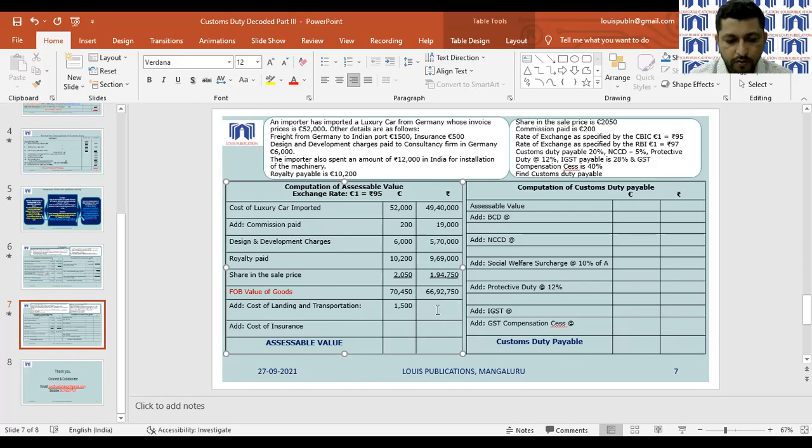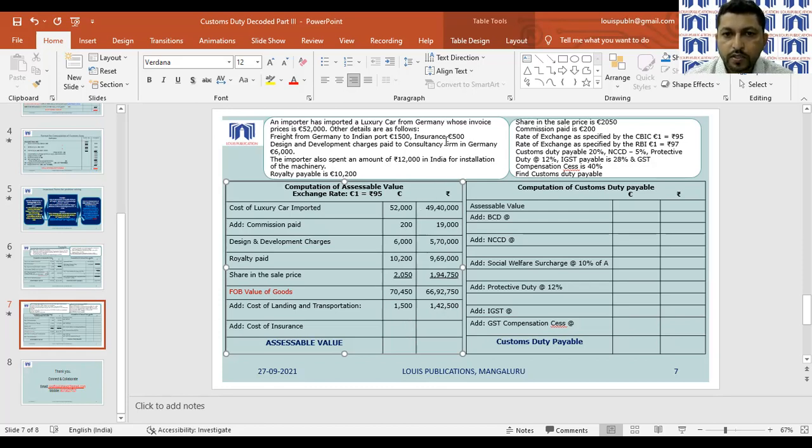So we take 1,500 into 95, which will give you 1,42,500.